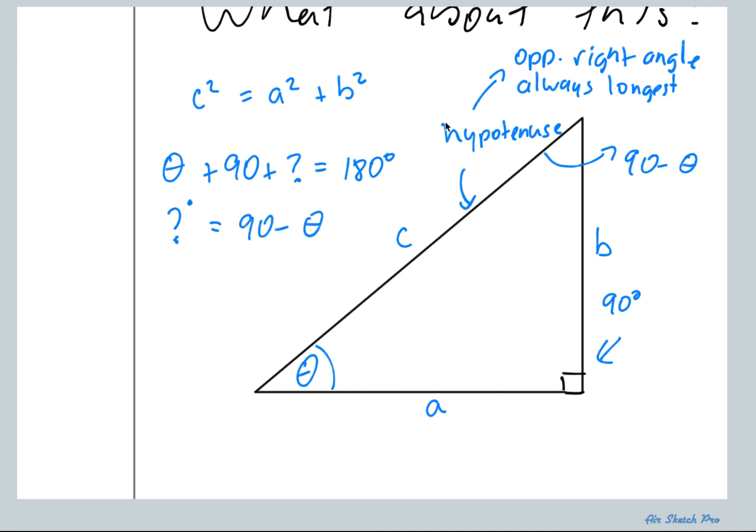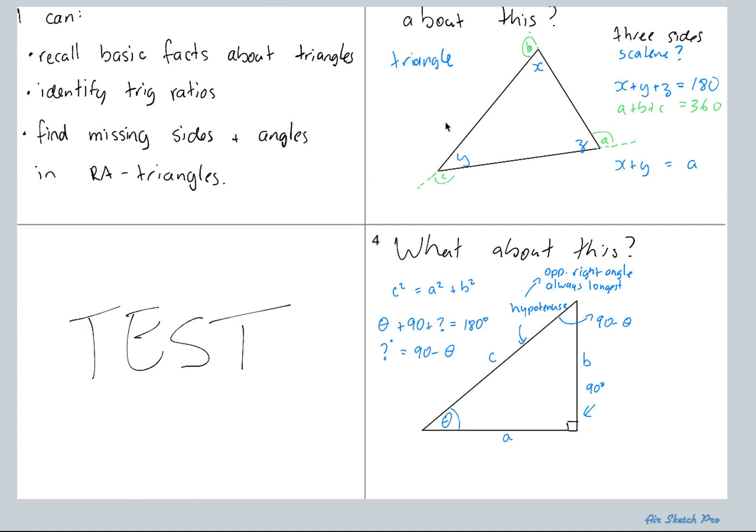But the just as obvious reason would be if this is 90, these two have to be 90. So if that's theta, that has to be 90 minus theta, right? So there's the special relationships of the right-angled triangles right there. So there we go. There's the start.